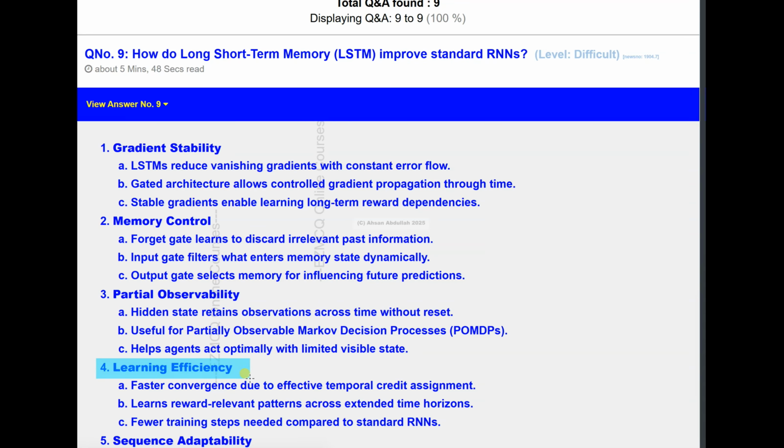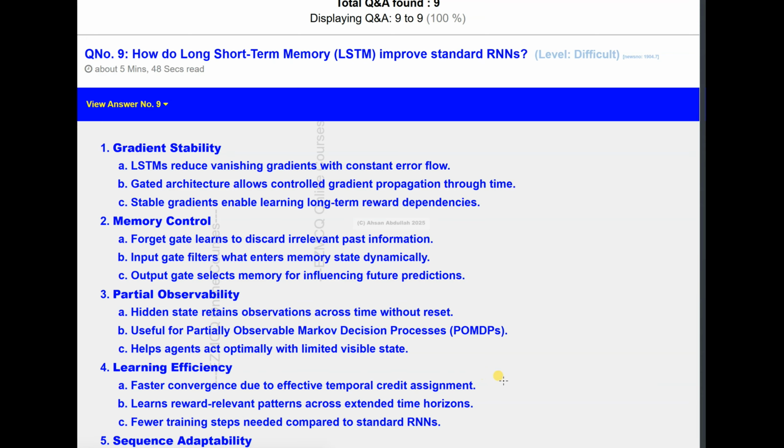Then learning efficiency: improved credit assignment and temporal modeling allow LSTM-based agents to converge faster with fewer policy updates. Now remember that credit assignment means how much a parameter or parameters contributed towards the output or the error. So that's the credit assignment.